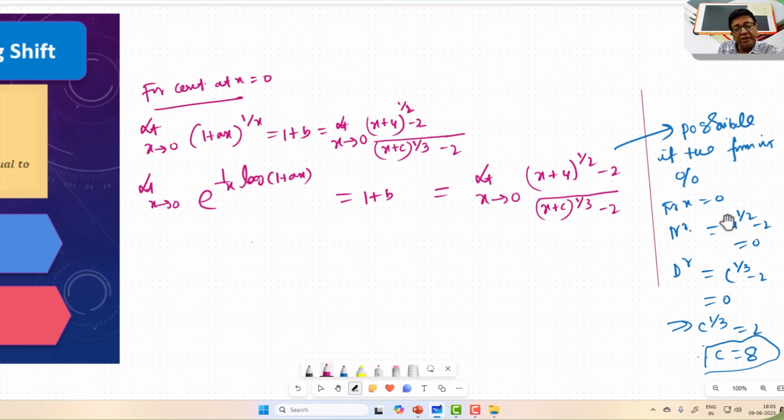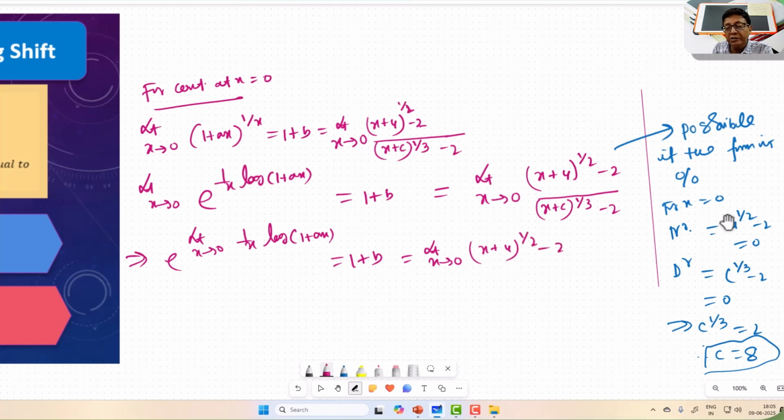You just write e to the power 1 by x log 1 plus x equal to 1 plus b equal to limit x tending to 0, x plus 4 to the power half minus 2, x plus 8 to the power 1/3 minus 2.